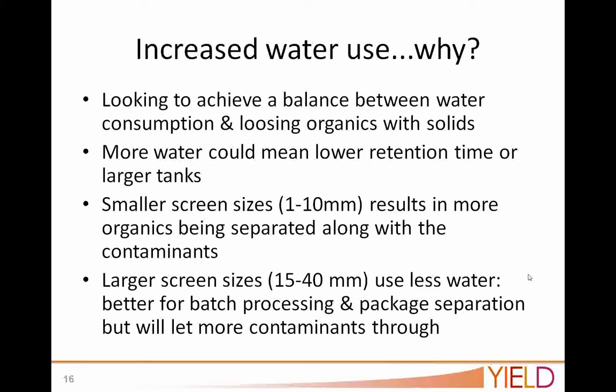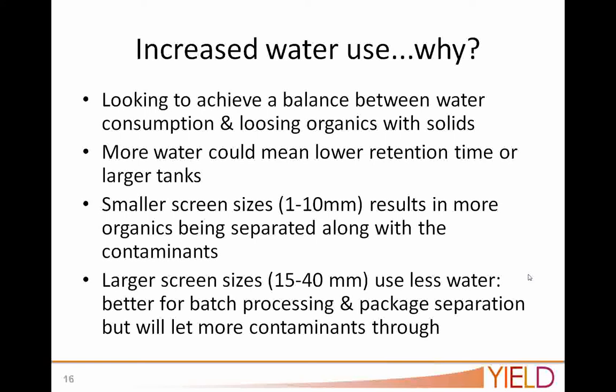Yes, you can recirculate some of your digestate and remove some of the water, but essentially you have an increased water use, and you can lower your retention time if you have a fixed volume, or it could mean that you have to build larger tanks, and both of those things add cost to your system.